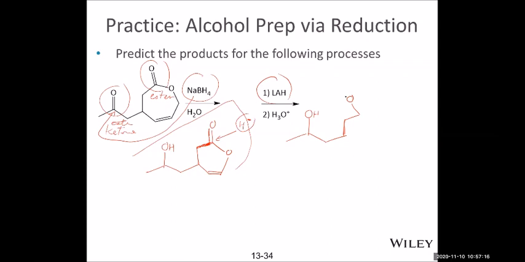So add a hydride here, negative charge, and hydrogen is attached. This comes from the hydride. Oh, I think I missed something. Sorry, this is one atom I lost. Okay, so that's my first step.